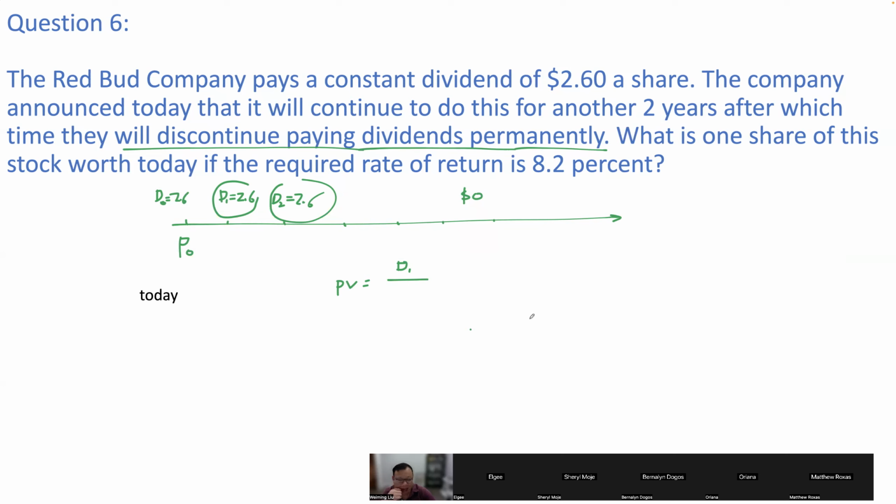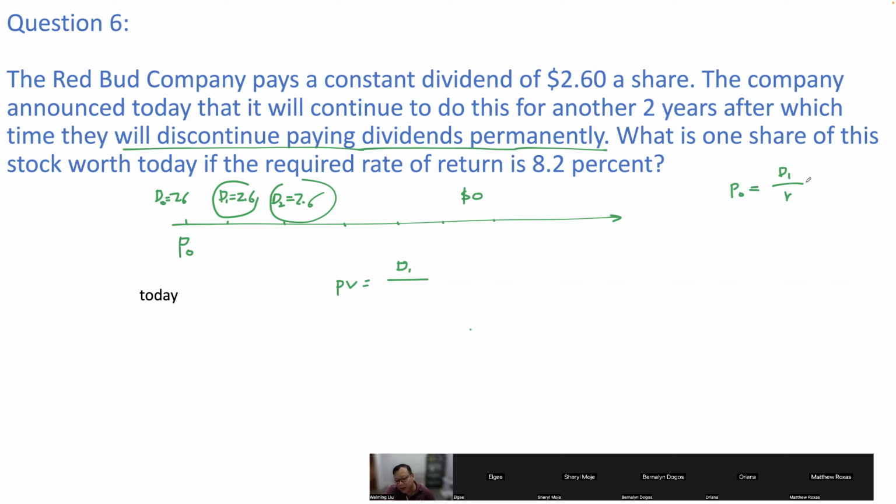Okay. So if you are confused between one cash flow versus a sequence of cash flow, the formula you are using, present value P0 equals D1 divided by R, is about a perpetuity. That is a sequence of payments that lasts forever.